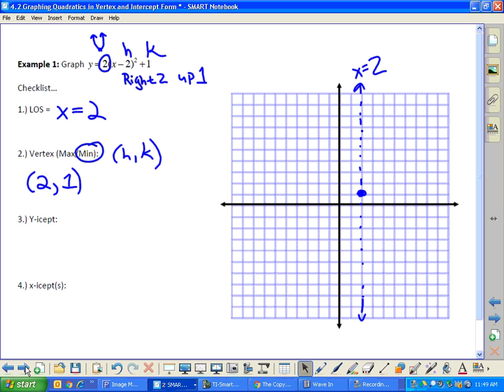Any other questions so far? And I'm just following the chart that we just filled in. To find the y-intercept, I'm just going to let x equal 0. So I'm going to find f of 0, basically, my function value at 0. I do that by filling in 0 wherever I see an x. And then I do my order of operations.